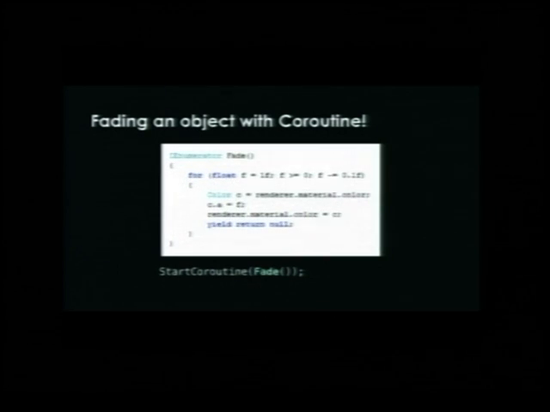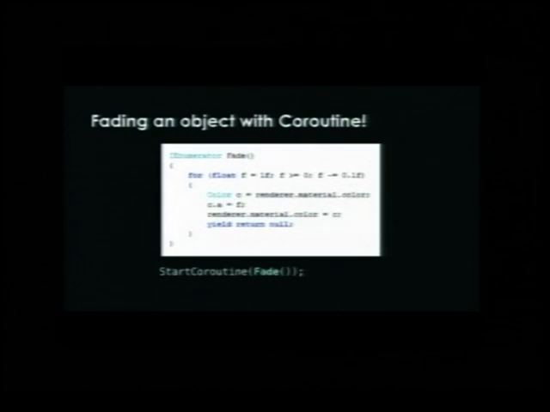Okay, I rewrite it into a coroutine. What did I change? The first one is I change void to IEnumerator, and then include the line that calls yield return null, and that's where the magic begins.